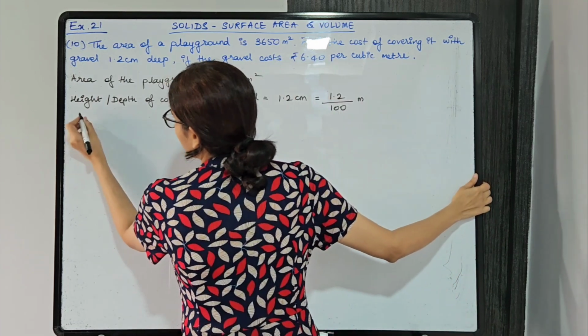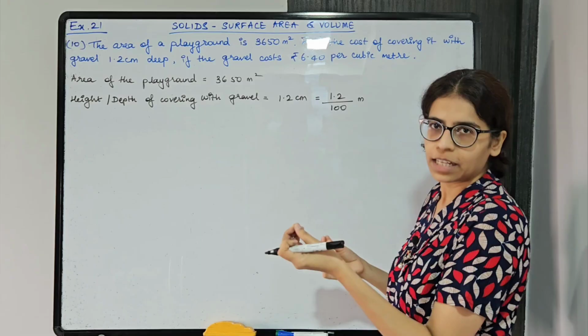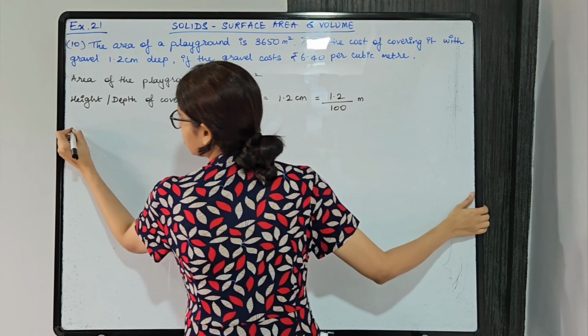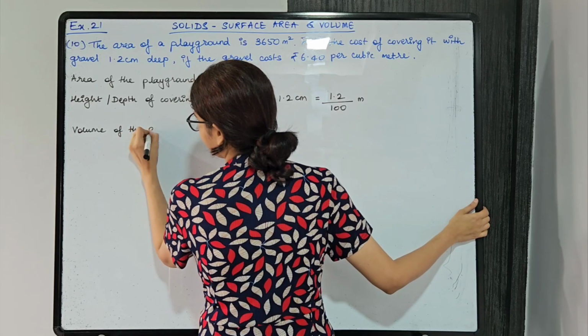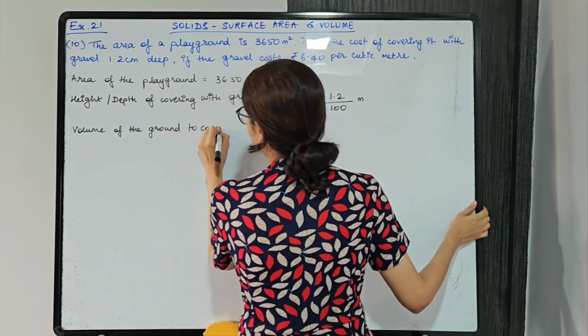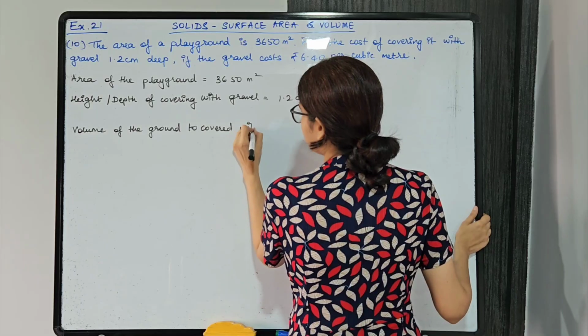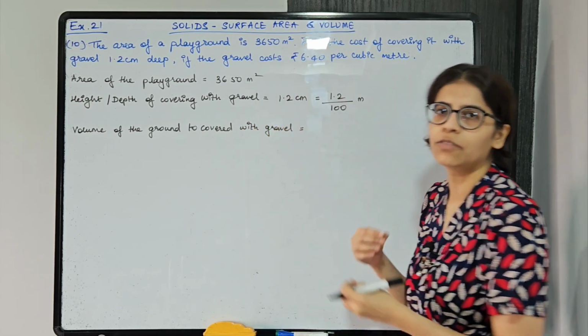So height and depth पता है, area पता है, so volume of graveling I can find out, that is the volume of the ground to be covered with gravel. What will be the volume of the ground to be covered with gravel?